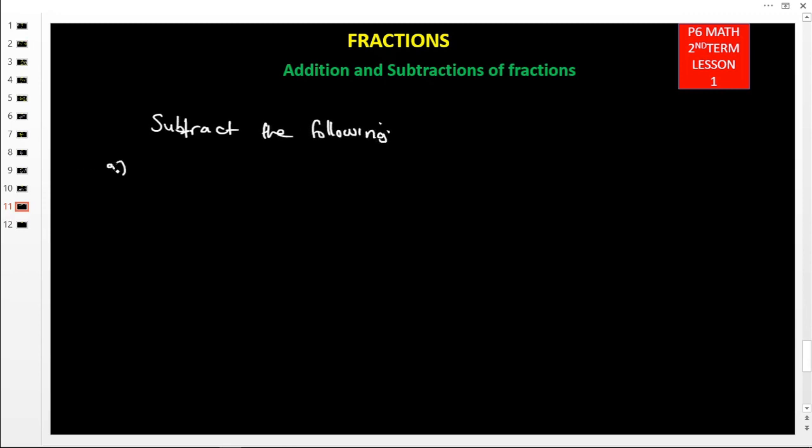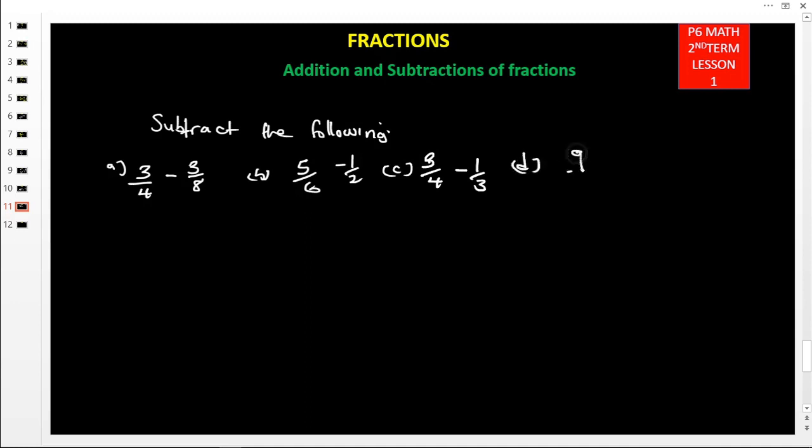So part A, it is 3 quarters minus 3/8. Then part B here, 5 out of 6 minus a half. Then part C, we are having 3 quarters minus a third. Then part D, 9 out of 10 minus 2/5.